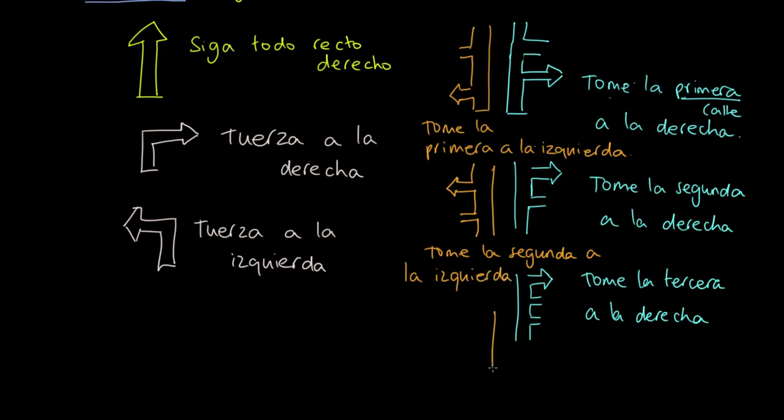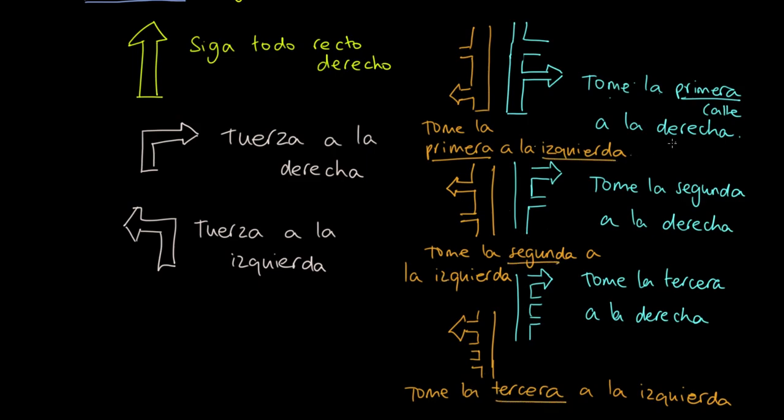Izquierda. And this one here, when I'm taking the third one, I would say tome la tercera o la tercera calle a la izquierda. Okay, so important words. Primera, segunda, tercera. And then we've got izquierda and derecha.